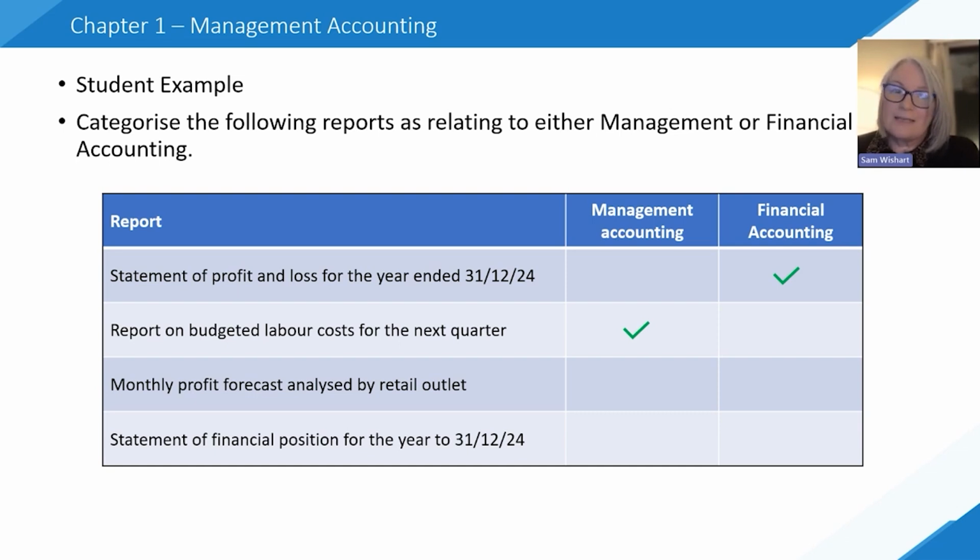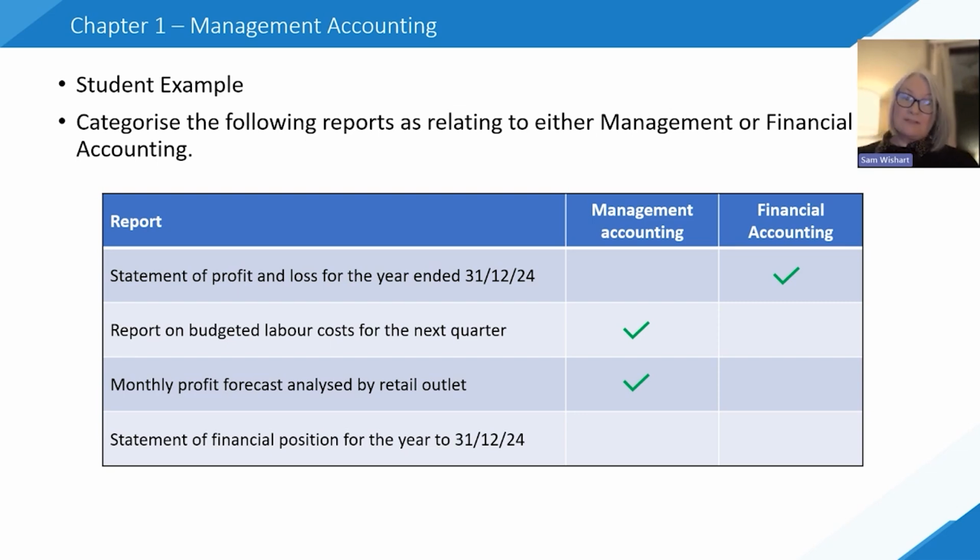So we're forecasting data with that report. And what about monthly profit forecast analysed by retail outlet? Yes, again, management accounting, isn't it? The forecast again, so we're not using actual data or past data, we're using future data.